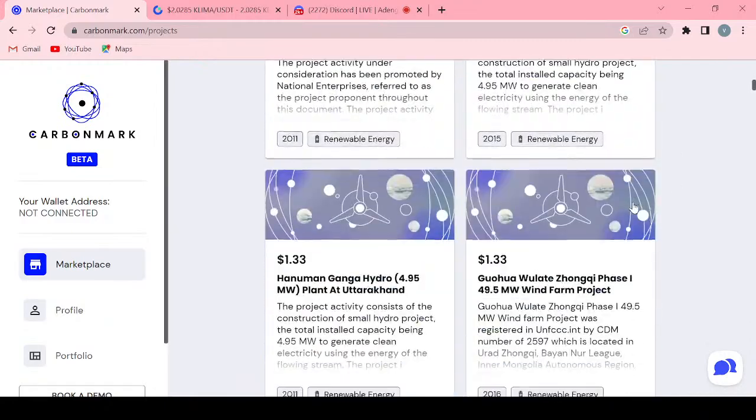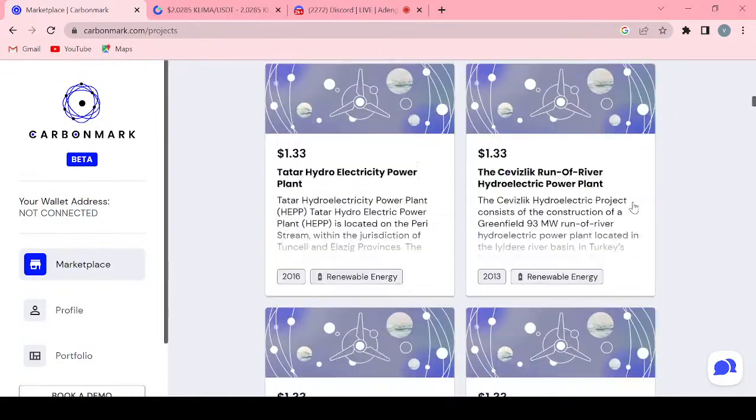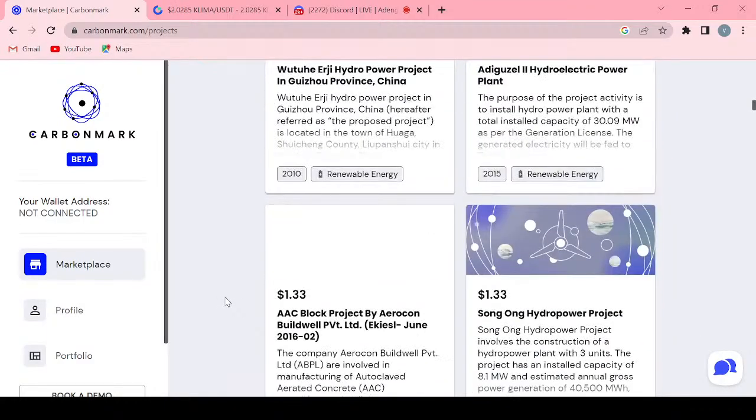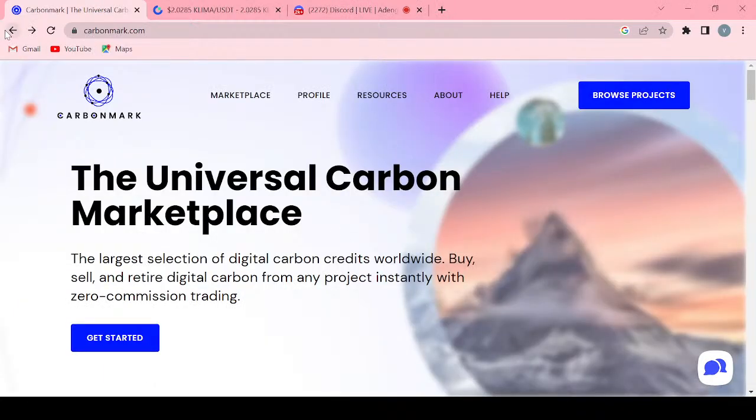So these are the marketplace of Carbon Mark. Okay, so now we can move to the Klima.